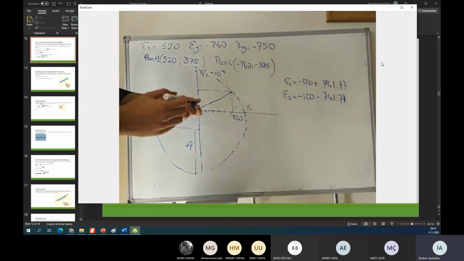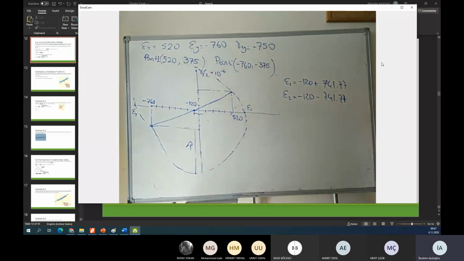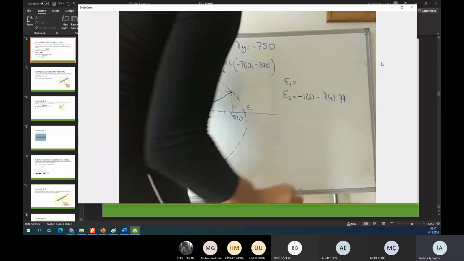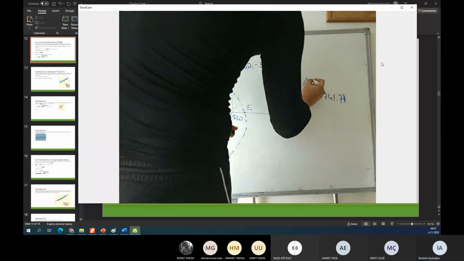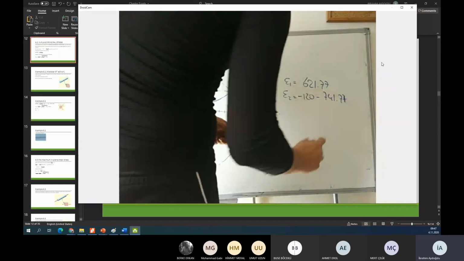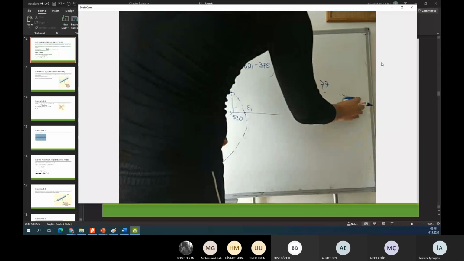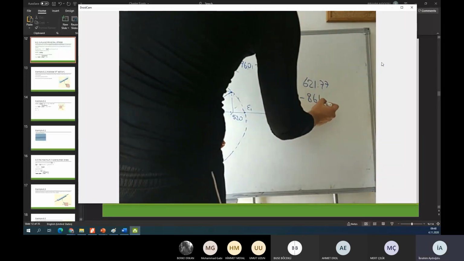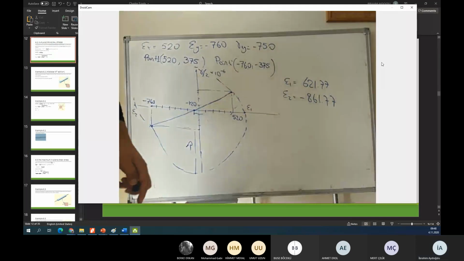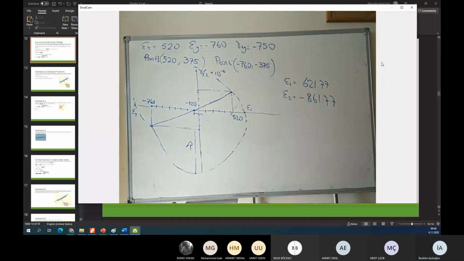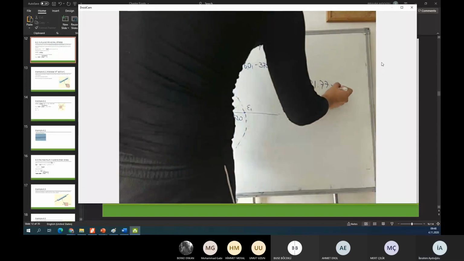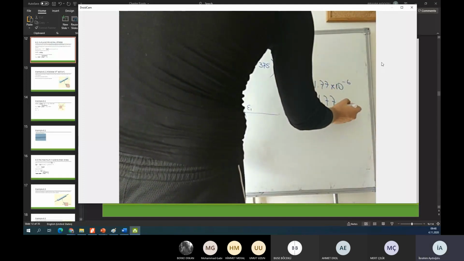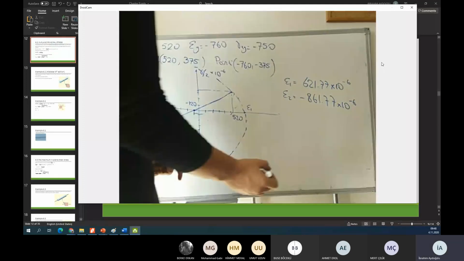So if I compute this, I obtain 621.77 for epsilon 1, and minus 861.77 for epsilon 2. Also, don't forget, times 10 to the power minus 6.